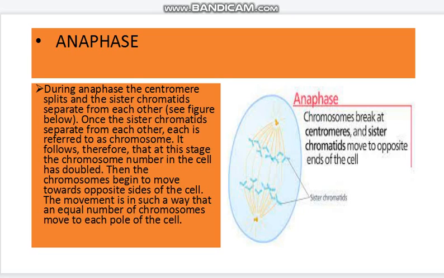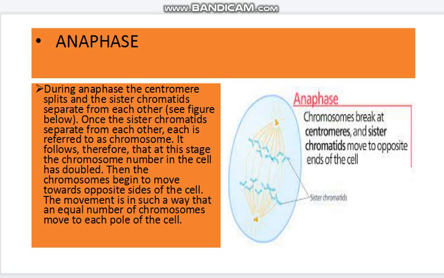Then the chromosomes begin to move towards opposite sides of the cell. One goes to one side and the other goes to the other side.